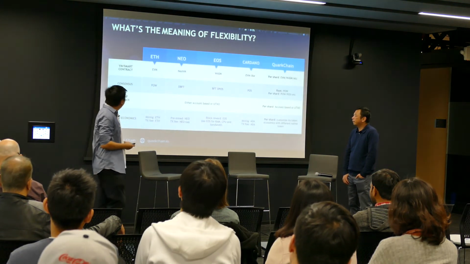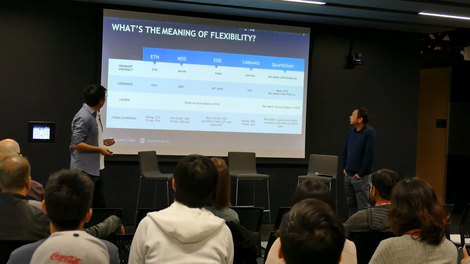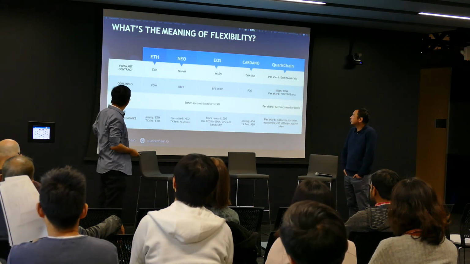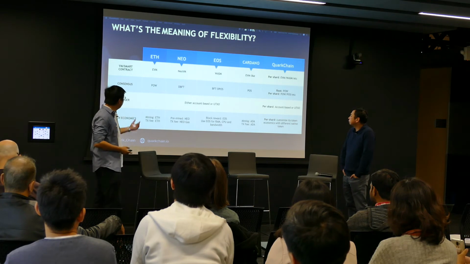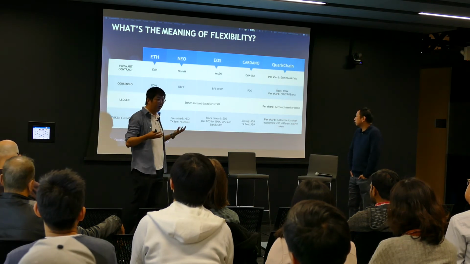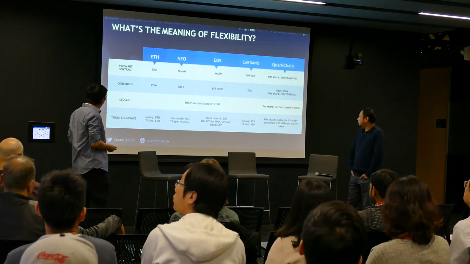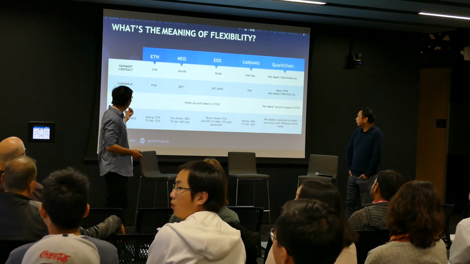Here we list some existing blockchains, what kind of consensus they are using, what kind of smart contract virtual machines they are developing, and also their token economies and the purpose of the tokens used in the system. For example, Ethereum uses Ether as the transaction fee and mining reward.